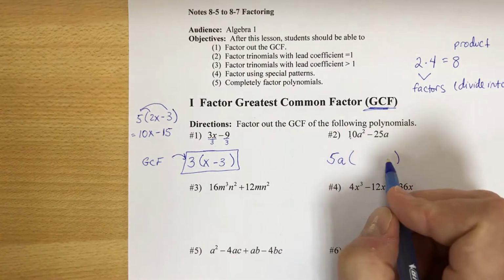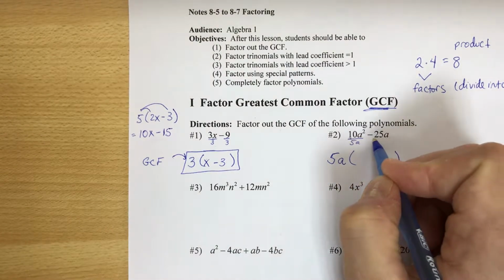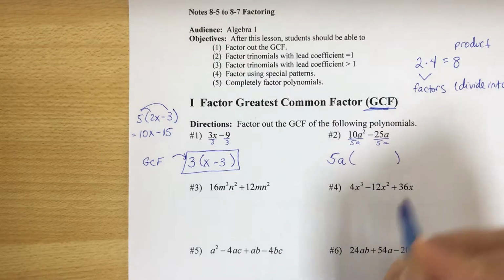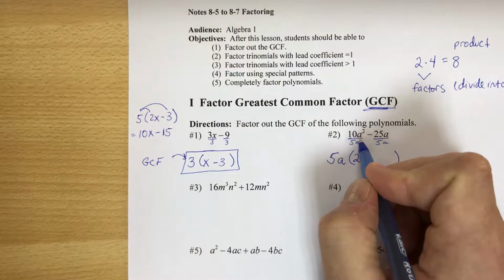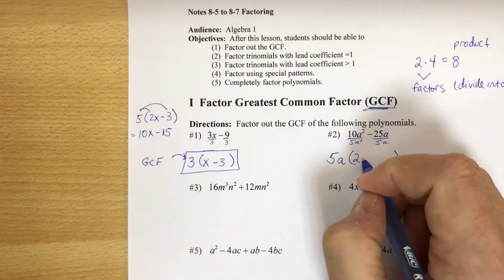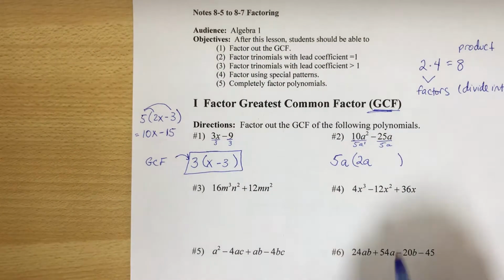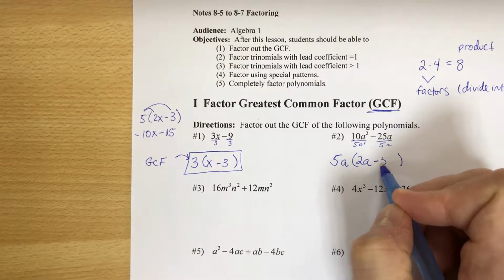Now, to figure out what's left over, let's divide here by 5a and divide here by 5a. 10 divided by 5 is 2. A squared divided by a to the first, you can subtract the exponents and you get a to the first. Negative 25 divided by 5 is minus 5.